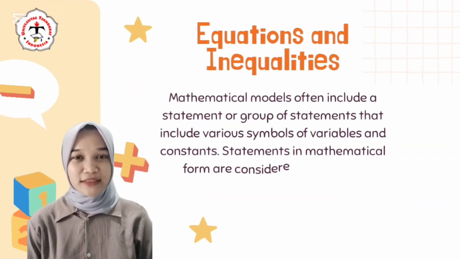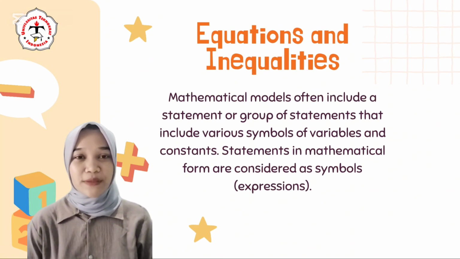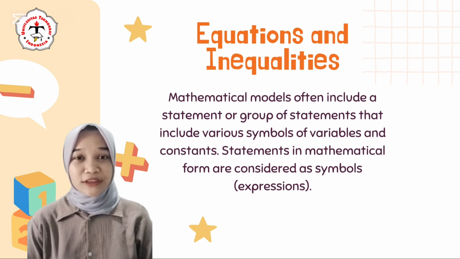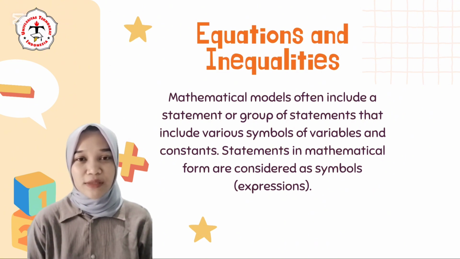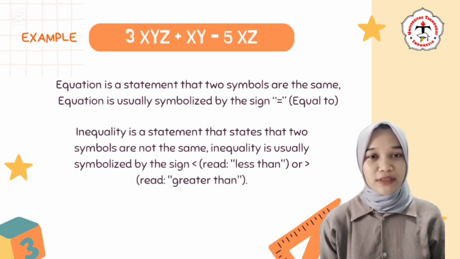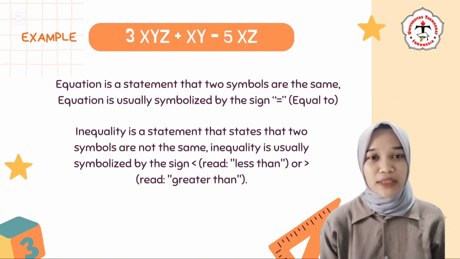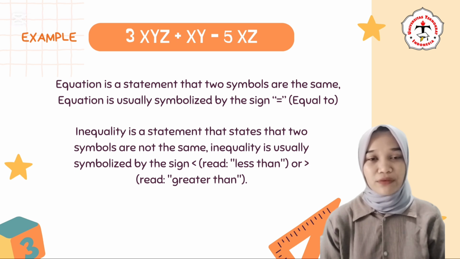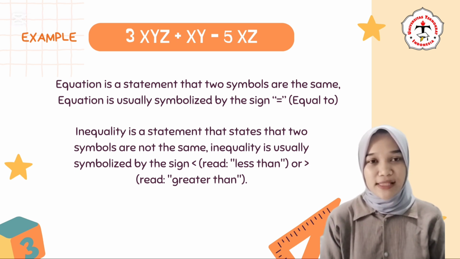Equations and inequalities. A mathematical model often includes a statement or group of statements that include variables, symbols of variables, and constants. Statements in a mathematical form are considered a symbolic expression. Example: 3xyz + xy - 5xz. This statement means a symbol consisting of two integers, 3 and 5, and three variables, namely x, y, and z.